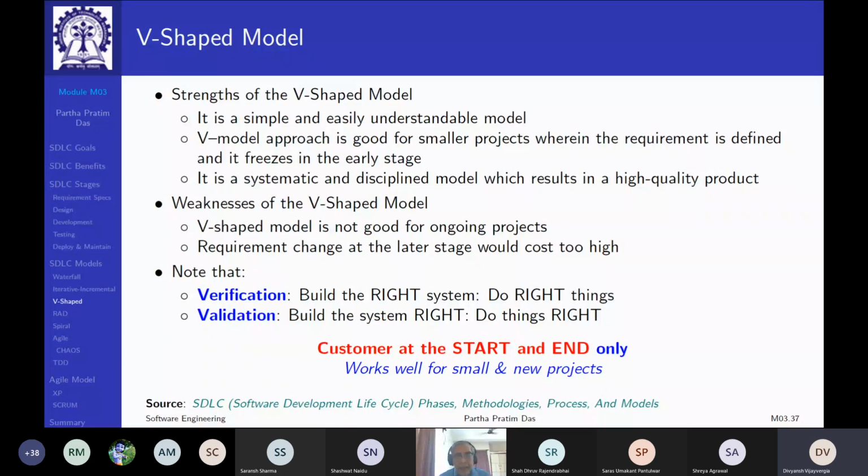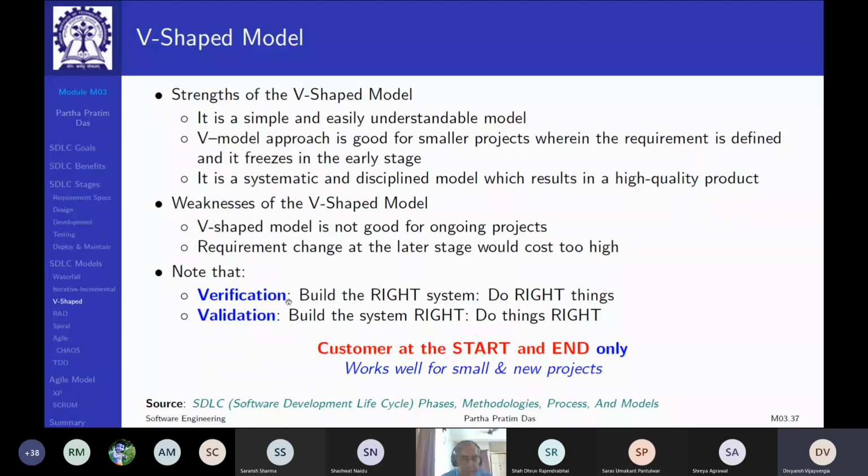Right? And also the same difficulty as waterfall, that a requirement change at a later stage could cost too high. Right? So that is a kind of trade-off which we saw is better in the iterative incremental model.